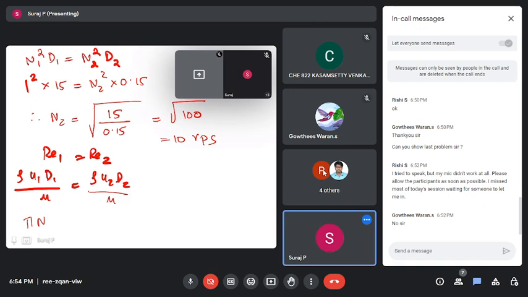But in the question, acceleration due to gravity is given. That's why. If you substitute this one, you will get a different answer.